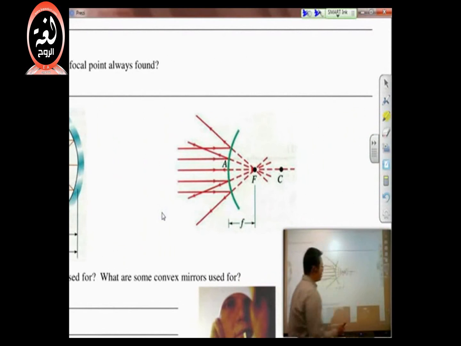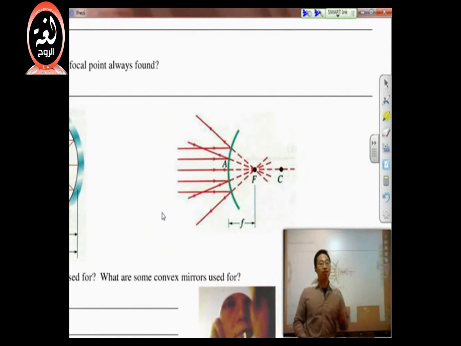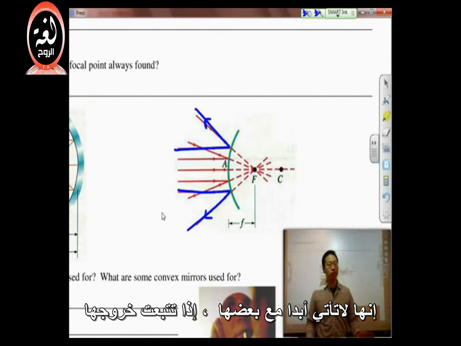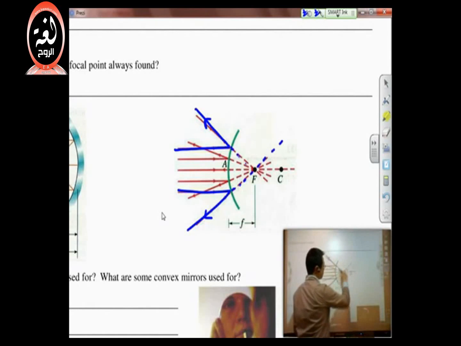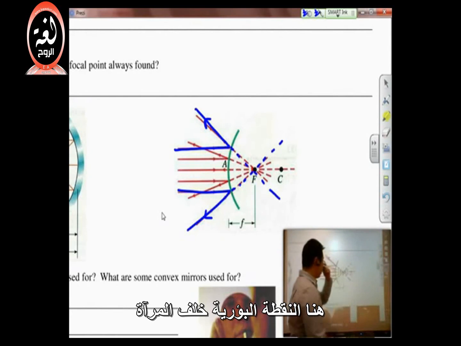You see, with a convex mirror, sorry, I didn't mean lens, a convex mirror or a diverging mirror, well, the way it's based, all the rays are going to diverge away from each other. They never actually come together, except if you were to trace it out and you drew the lines backwards, the virtual lines that we had drawn before, like with the plane mirrors, there's a focal point behind the mirror.